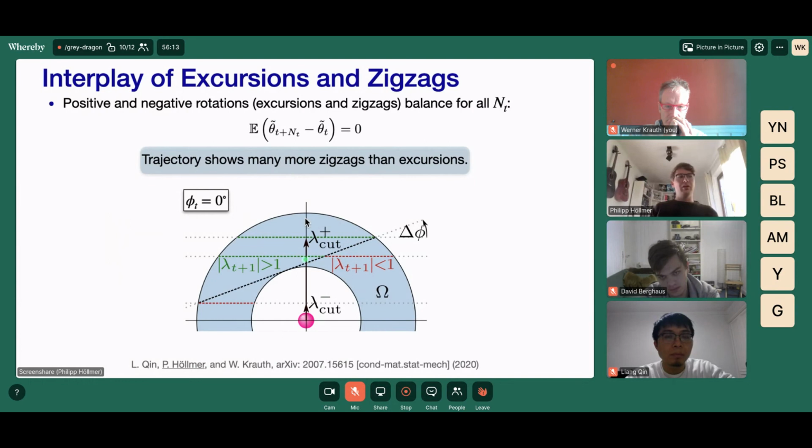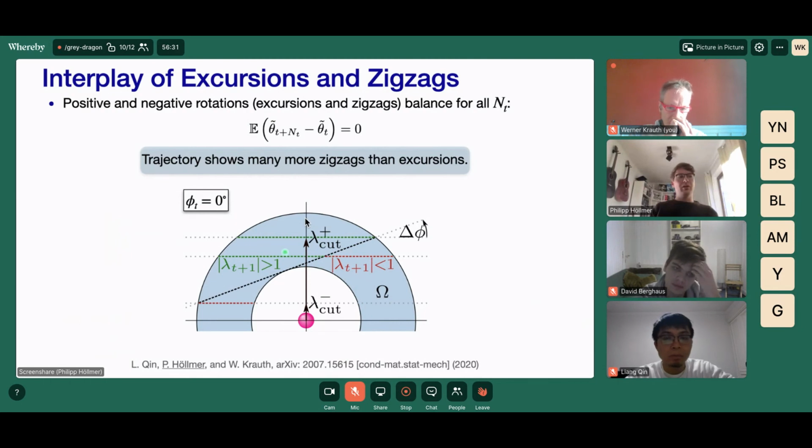We now choose a new position of our atom on this line, and if I choose a new position on this red segment here, then the subsequent rotation of my direction yields an impact parameter whose absolute value is smaller than 1. And then we go on into a zigzag.